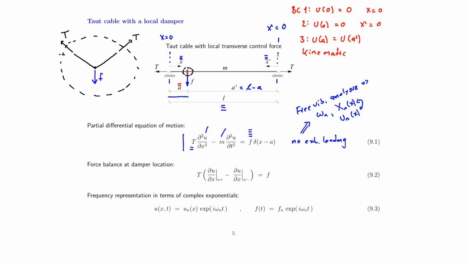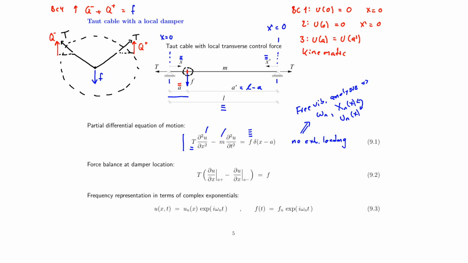Now the tension force has a horizontal and a vertical component, and we are interested in the vertical component. So let's call this Q minus and this one Q plus. And the fourth boundary condition, BC4, simply says that with vertical equilibrium, Q minus plus Q plus should be equal to F.